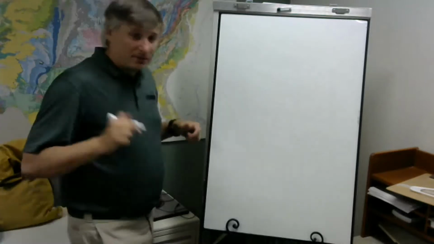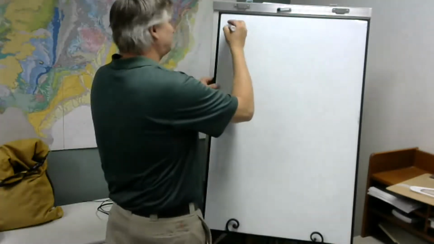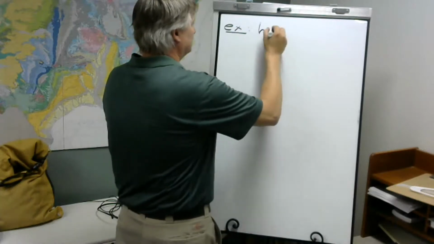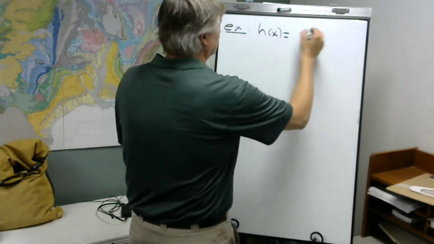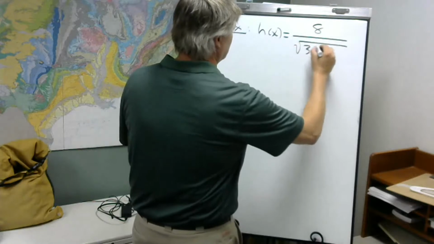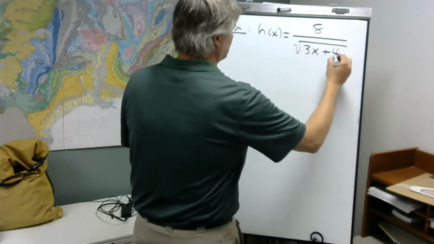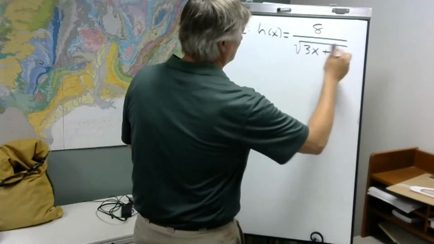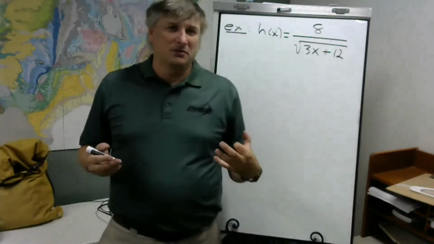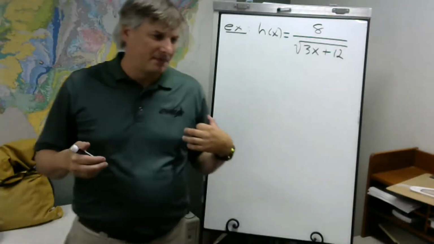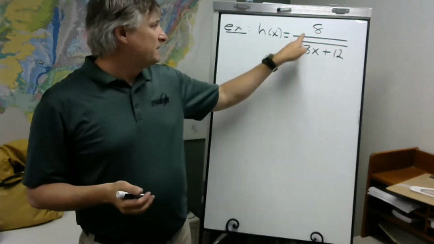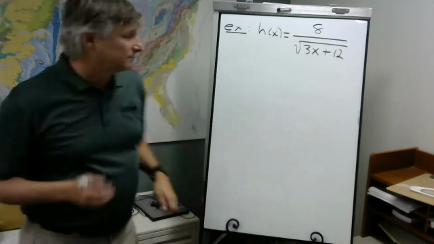Now, let's say we have something like this. Now we've got a couple things. There aren't any transcendental functions. There are no artificial restrictions. We just have a function here. But we have a division and a square root.